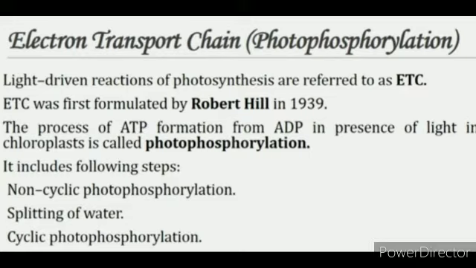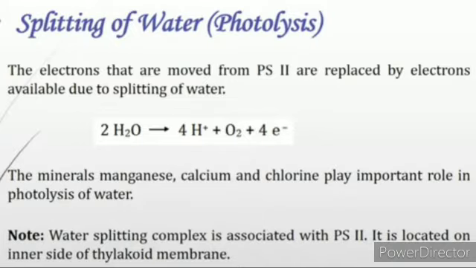The process of ATP formation from ADP in the presence of light in chloroplast is called photophosphorylation. It includes the following steps: non-cyclic photophosphorylation, splitting of water, cyclic photophosphorylation. First we will go for the splitting of water or the photolysis that we already discussed.